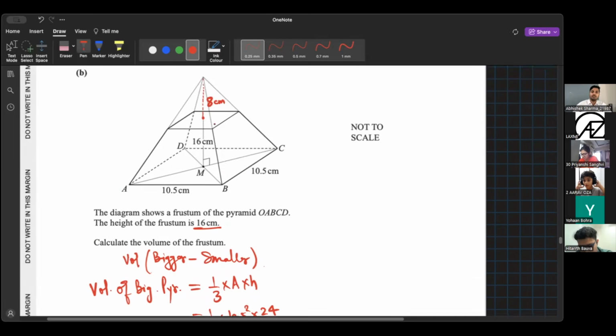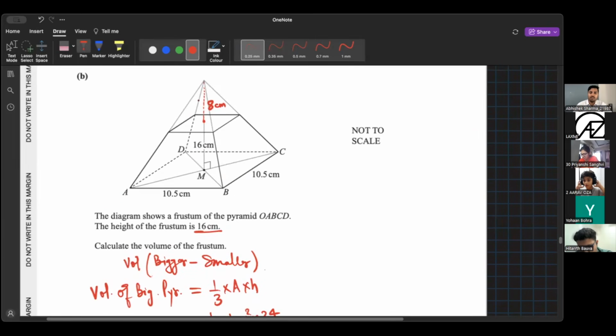Now, how do we find the volume of the smaller one? We need the base area. How can we find this area? Similarity, because we also have the bigger square. So we can take A1 upon A2 equals L1 square upon L2 square.